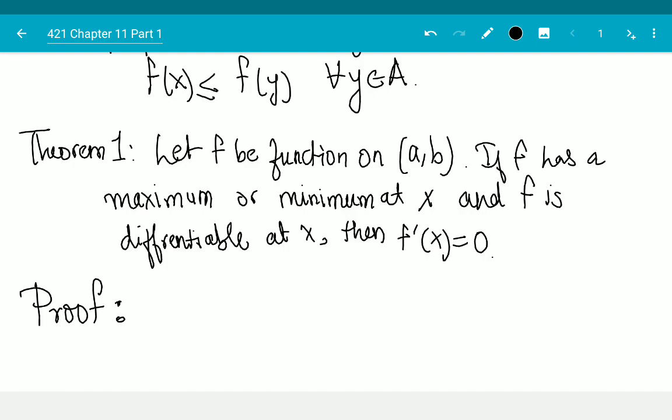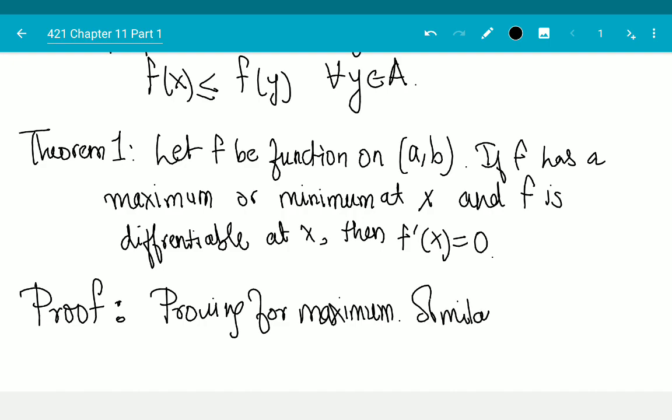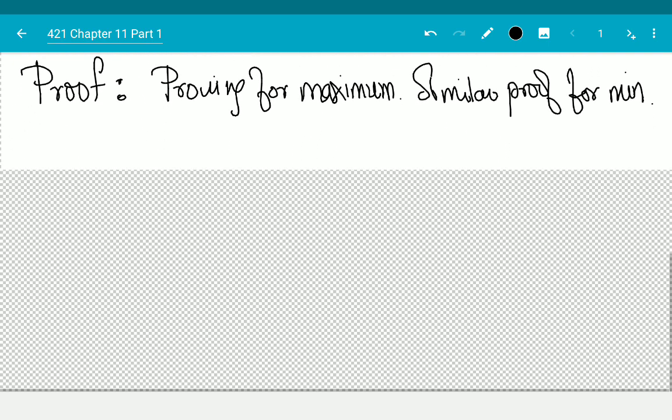Proof for minimum follows exactly similarly. And how do we show this?